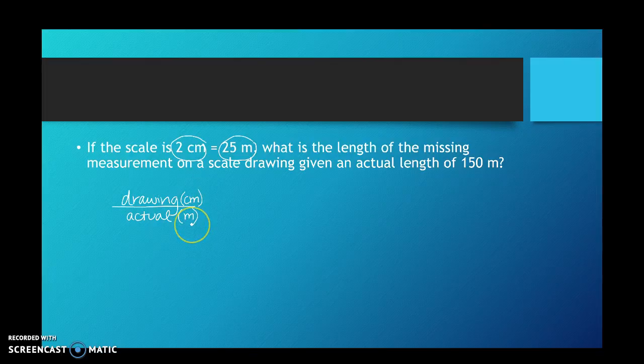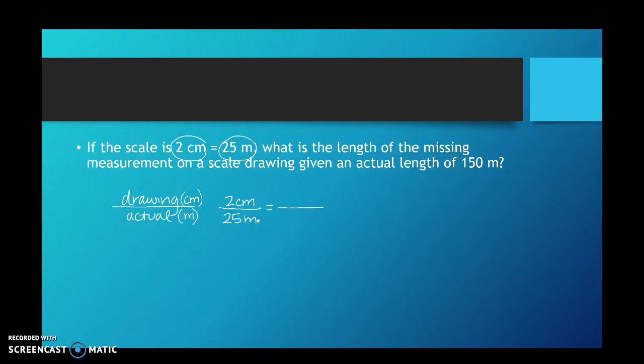So making sure we're including our word ratio with our scale drawing calculation. This scale, I'm always going to write that on the left side of the proportion. So what they say the scale is. It says 2 centimeters, it's the drawing, it's going to go on top, 2 centimeters is equal to 25 meters.